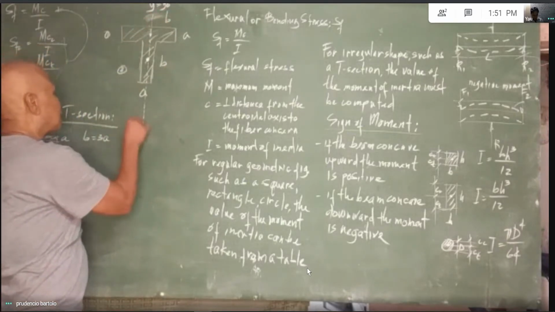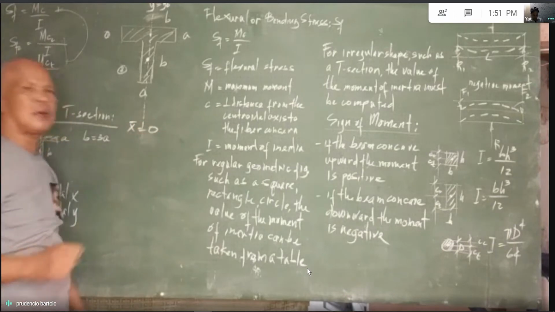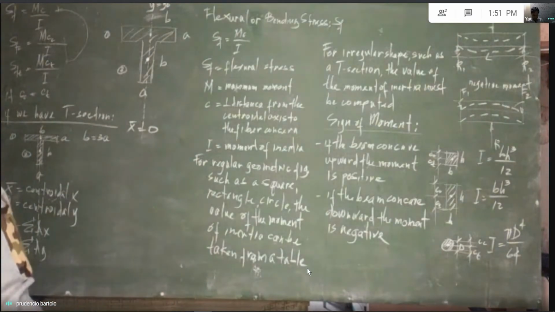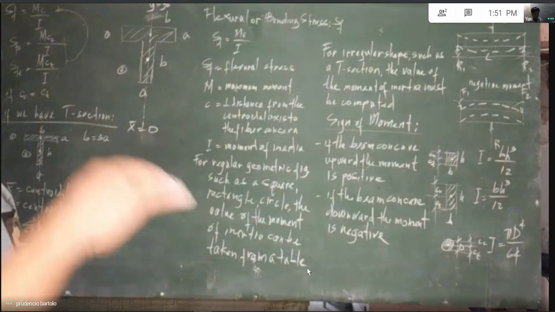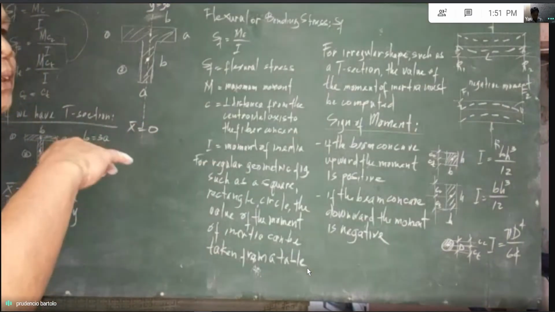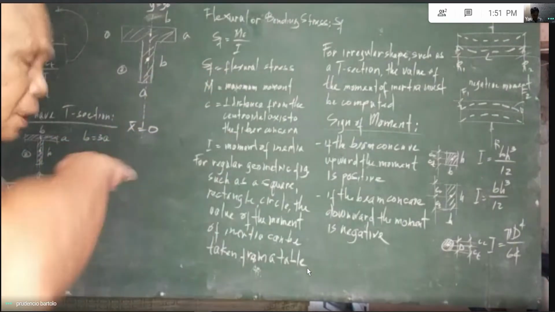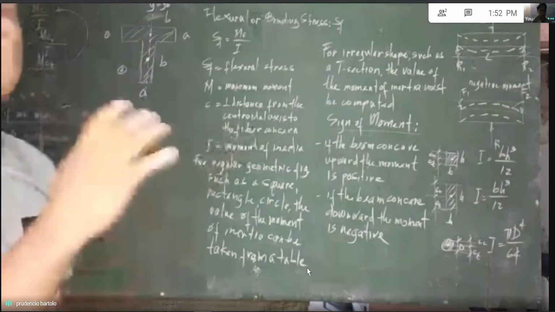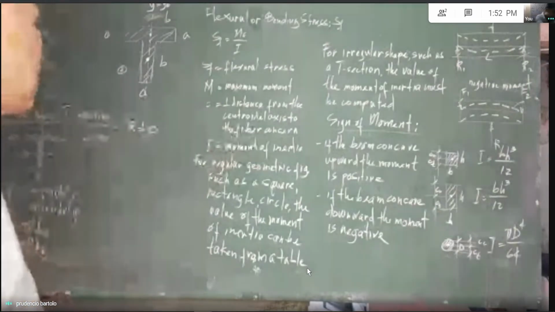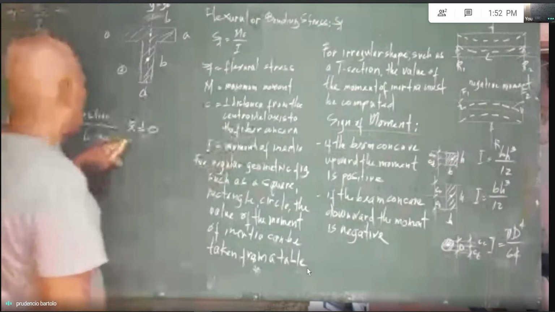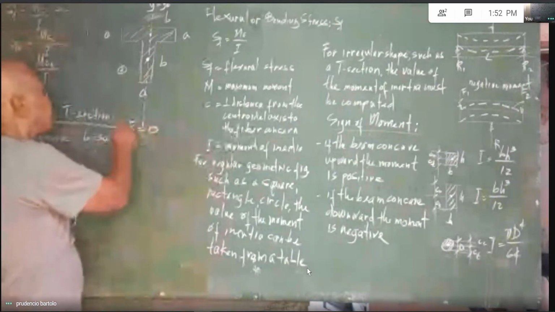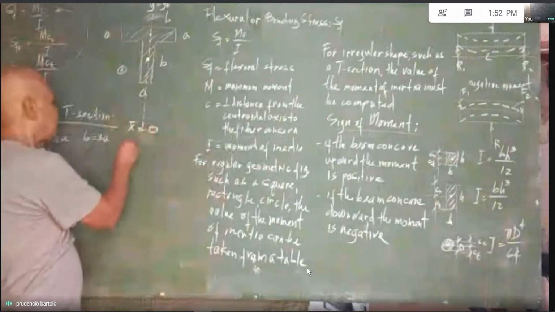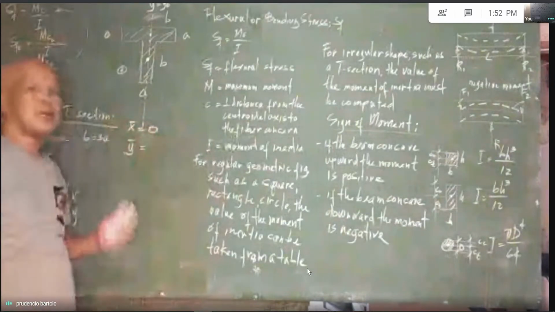Therefore, our x bar will be equal to 0. If the centroids coincide along a centroidal x-axis, the y bar will be the one to become equal to 0. So in this case, the x bar is equal to 0 and the y bar will be located.